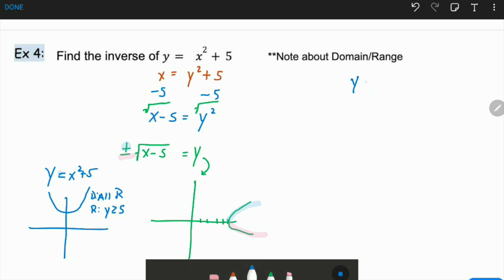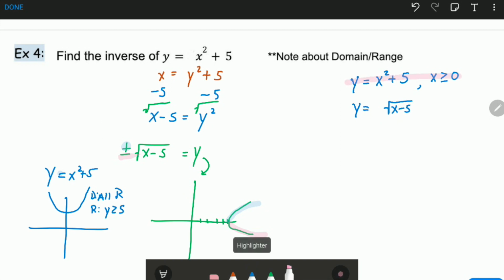So for example, if they gave us this as the original function with x being greater than or equal to 0, then as I go through and do it, we would be getting y equals, for the square root, still x minus 5, but we wouldn't have to pose a restriction on it because that restriction would actually correspond to whether we're using the positive or negative. The positive sign being the positive x values, in this case, not always, but in this case, and the negative sign being the negative x values.